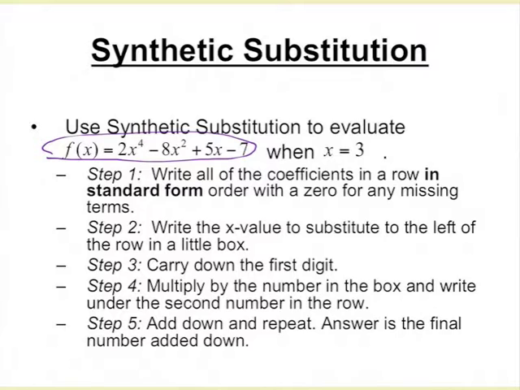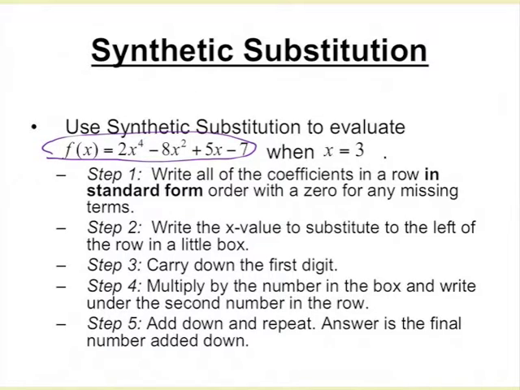Okay? So we have this other way that's called synthetic substitution, which is like fake substitution. Our first step is to write out all the coefficients in a row in standard form, which means highest power of x on down to lowest power of x. And if there are any missing terms, we have to put a 0 in as a placeholder.